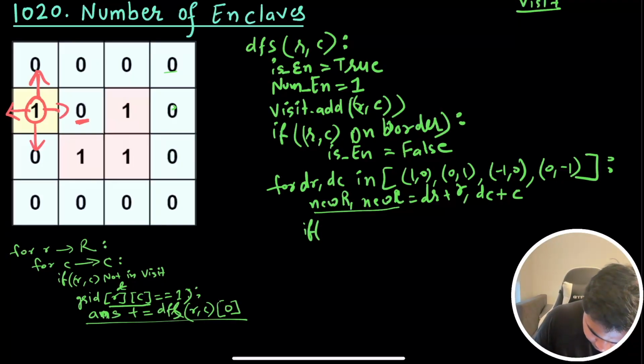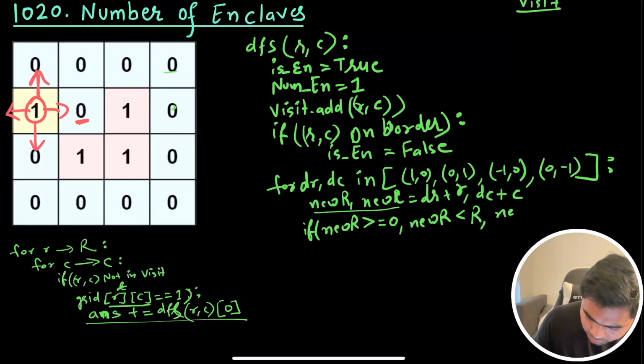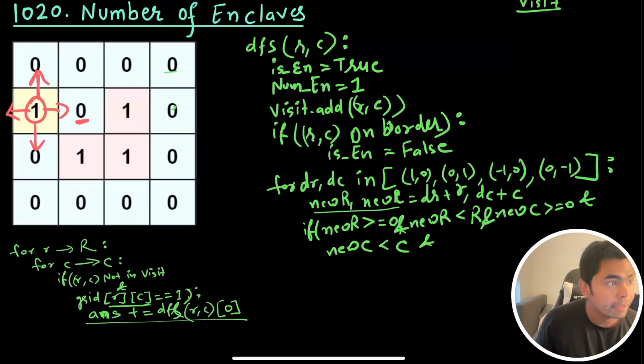If this new r is greater than or equal to 0, and this new r is less than my big R, and new c, same thing, new c is greater than or equal to 0, and these are ands, by the way, and this new c is less than my big C, and more conditions.